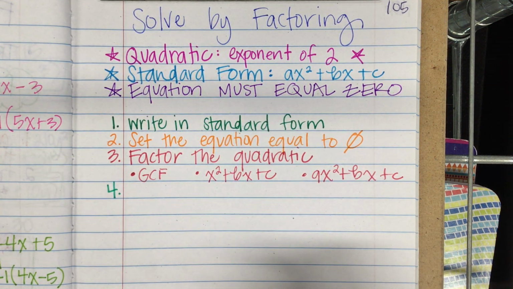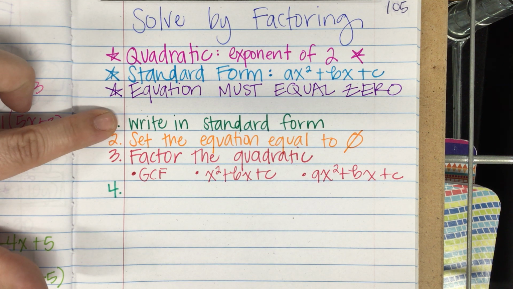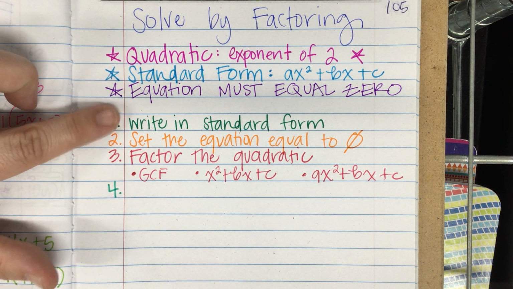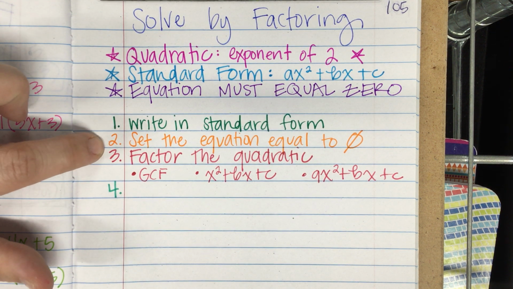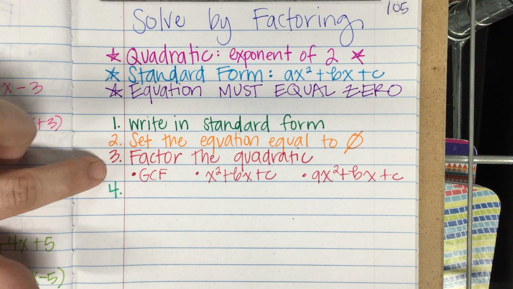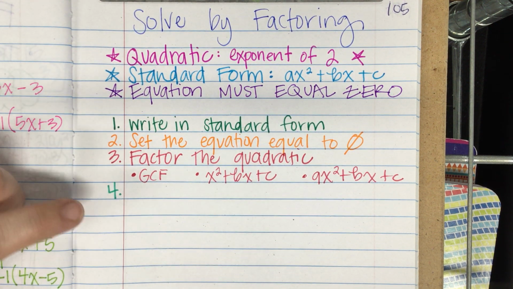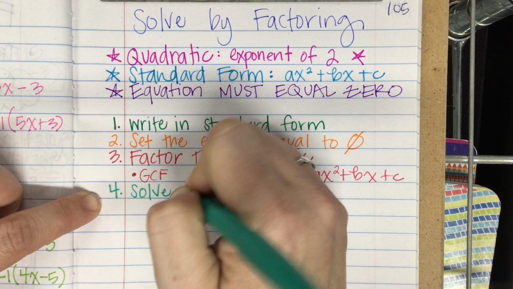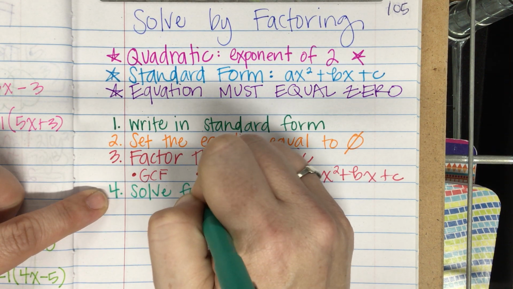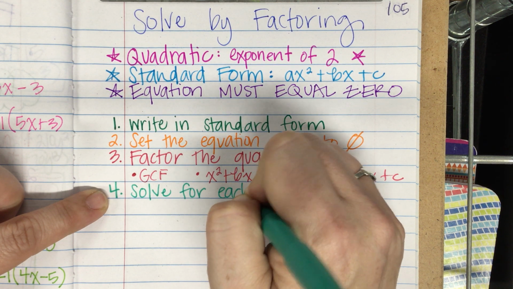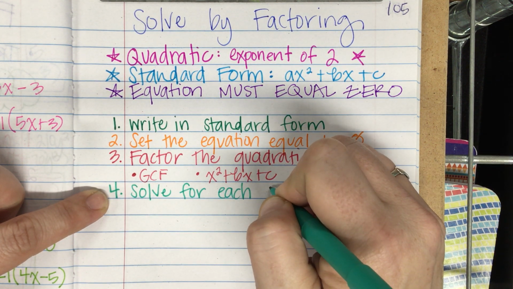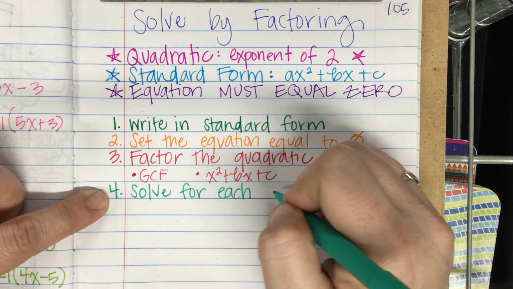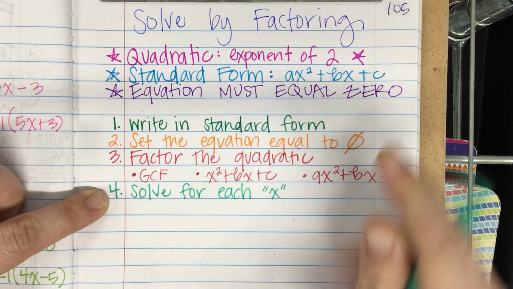And then this is the new part. So I mean, like, write in standard form, that's new. Or not new, that's old. Setting it to 0 is new. Factoring is old. Here's the next part that's new. You're going to solve for each x.